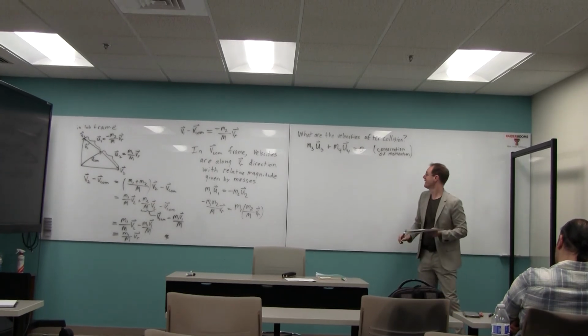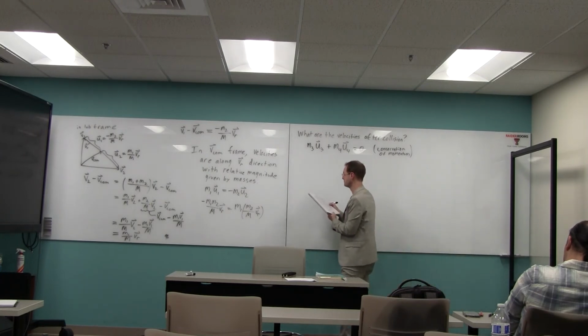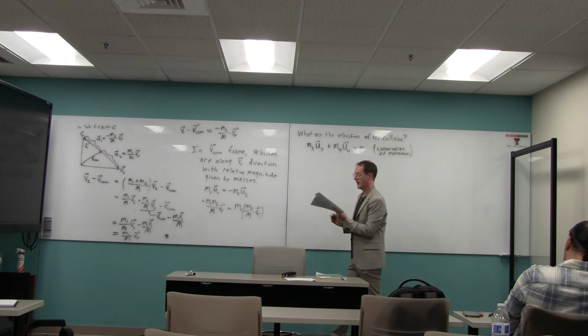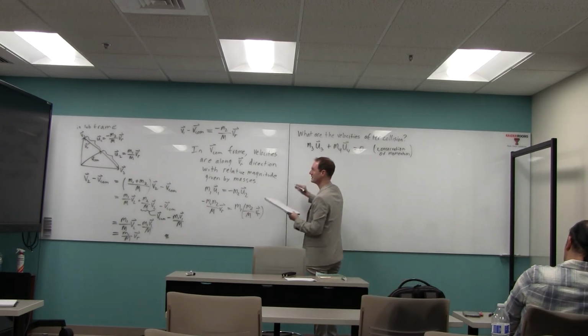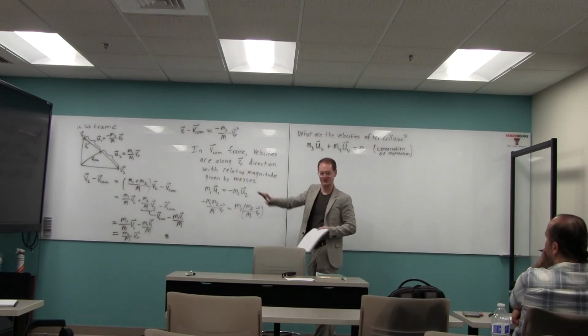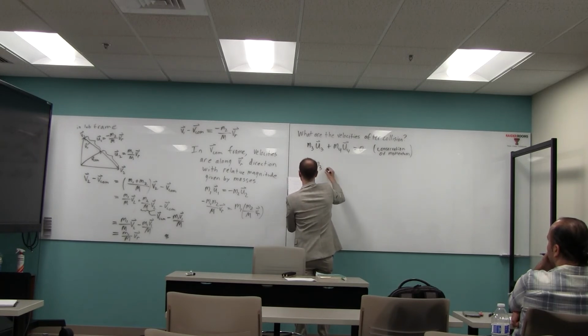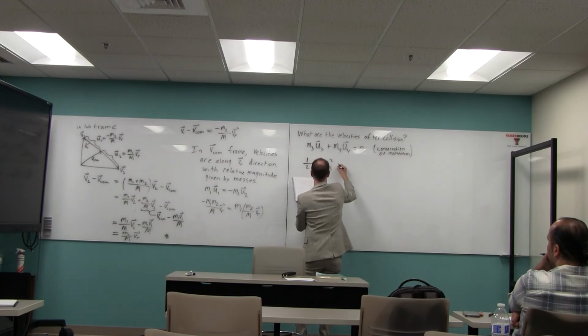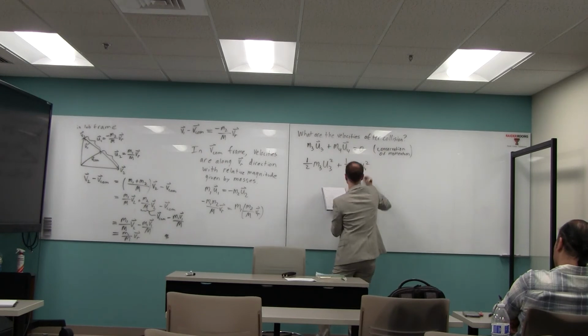And we also can take advantage of conservation of energy. So if we write the total energy in the center of mass frame, the energy of the center of mass component is conserved, of course, but what's the energy in the center of mass frame? Well, that's just 1/2 m3 times u3 squared plus 1/2 m4 times u4 squared.